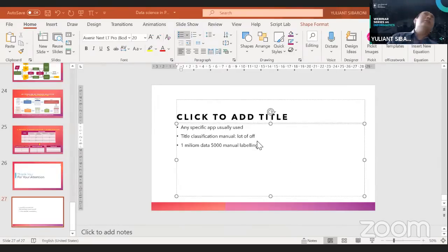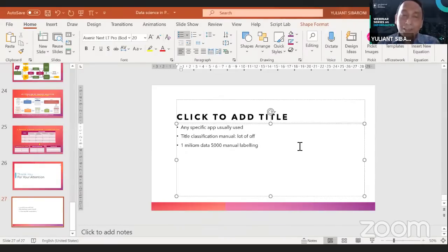And in some papers, the model obtained from semi-automatic labeling like this gives better accuracy than if we only use 5,000 data for model learning, for example.